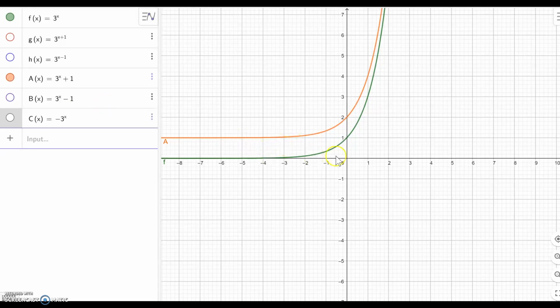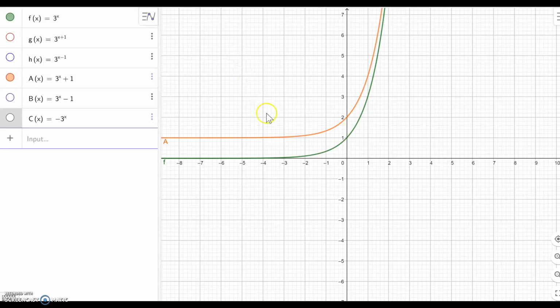It looks like this graph, this y-intercept point, moved up 1 point here, right? And before, it never approached the x-axis, which means the y equals 0 line, but now this one never passed through the y equals 1 line here.